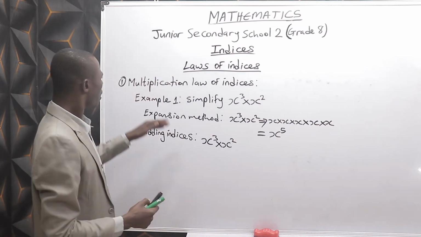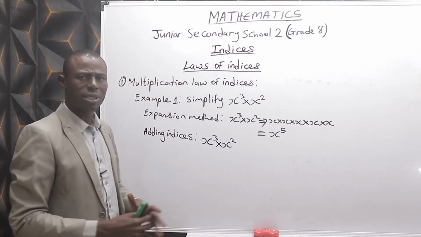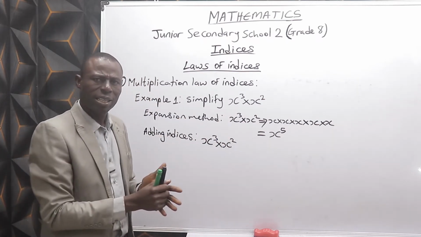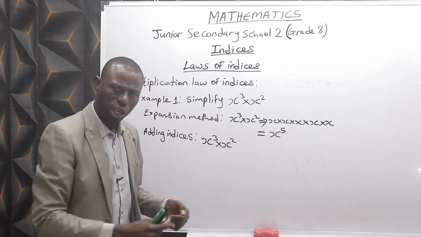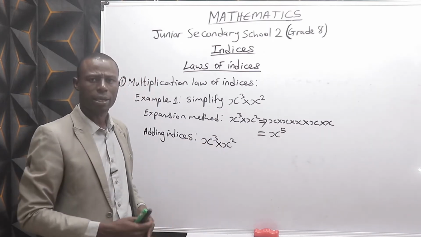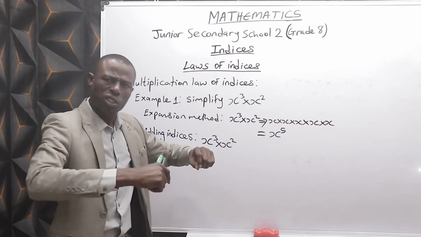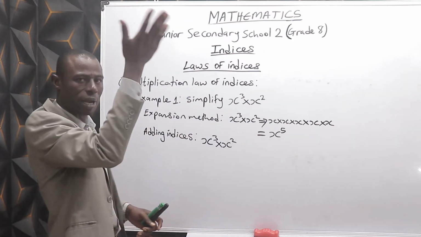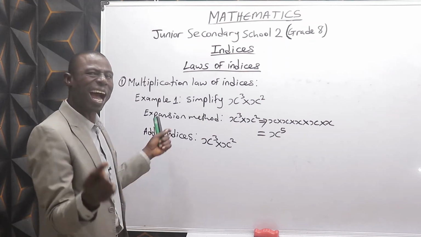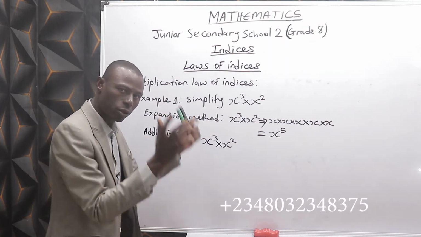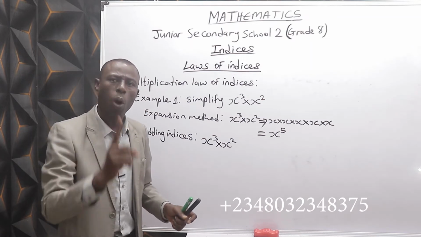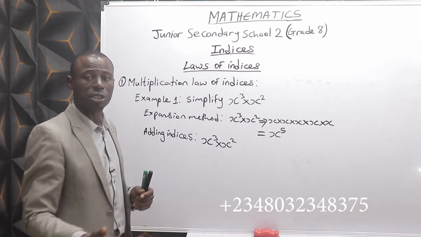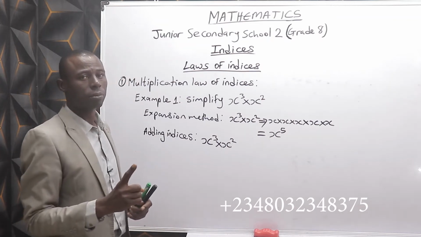Originally, the law of multiplication states that the multiplication sign that serves as the operation between 2 or more terms changes to addition in the exponential region, in the power region, and it adds the powers together on only one chosen base. Since the bases are the same, we choose only one.